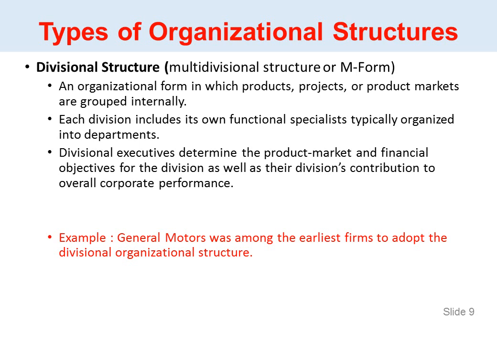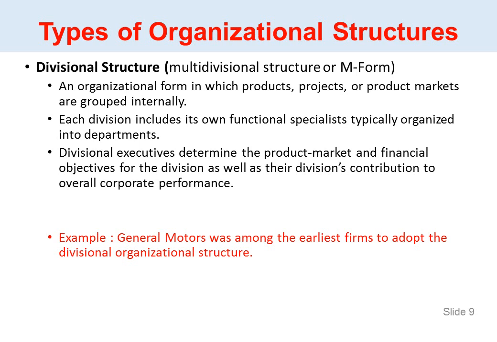It is the earliest firm to adopt this divisional organization structure. This organization structure is a form in which products, projects, and product markets are grouped internally, but each division includes its own functional and other departments.